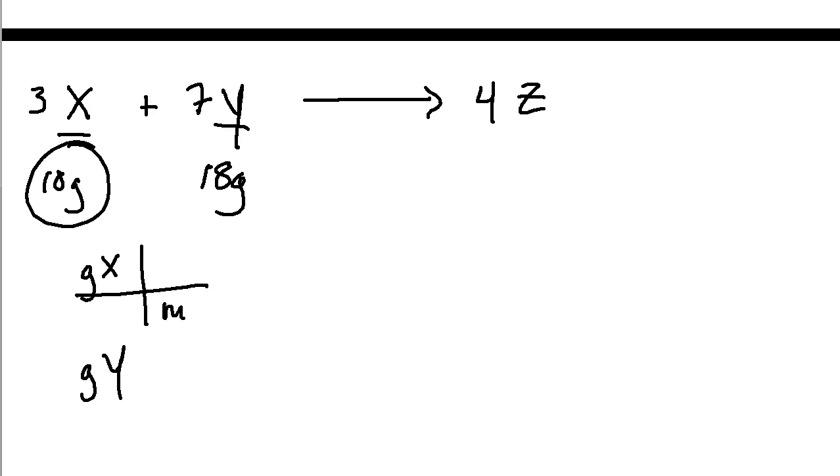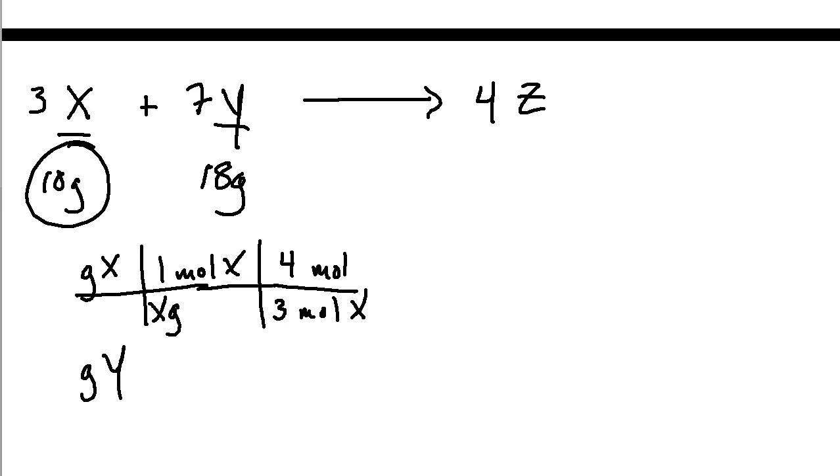I would say the molar mass of X, so grams of X equals 1 mole of X. And on top of that, if I want to find out how much Z it could produce, it's going to be 3 moles of X to 4 moles of Z, and that gives the moles of Z that could be produced.